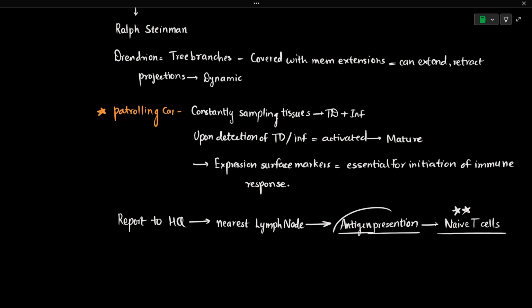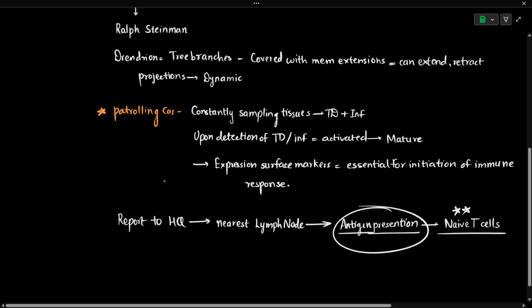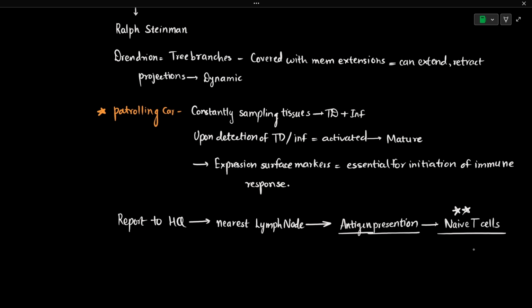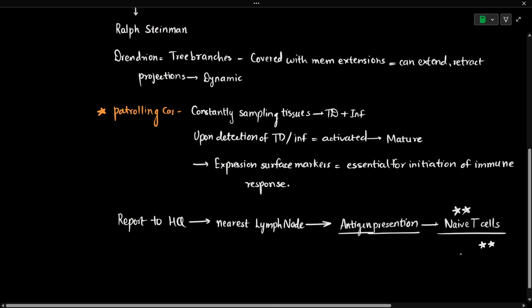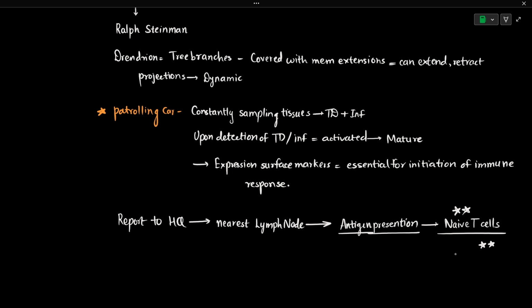So due to the antigen presentation by the dendritic cells, naive T cells get activated, and now they are going to show some immune response. This antigen presentation plays a very important role in initiating immune response, and this is how dendritic cells are a link between innate immunity and adaptive immunity, because T cells are part of adaptive immunity. For the initiation of adaptive immune responses, dendritic cells play a very important role.